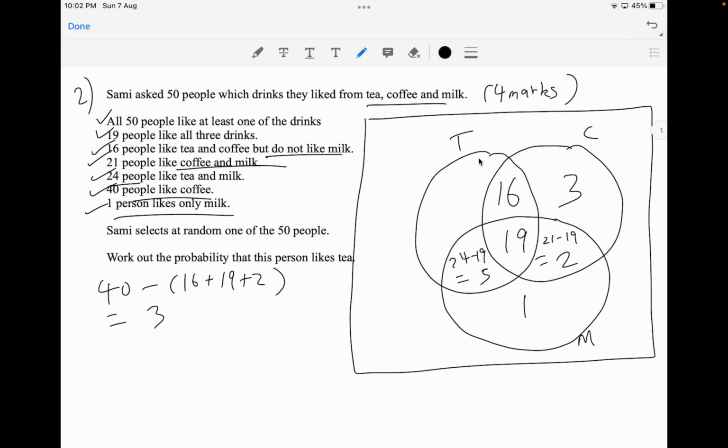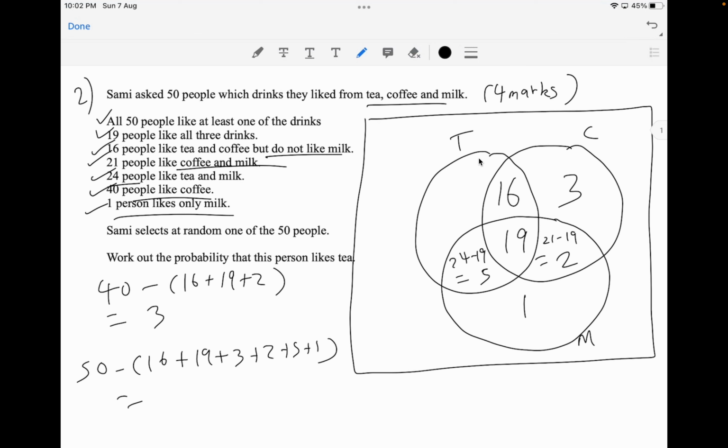Now you know that Sammy has asked 50 people which drinks they like from tea, coffee and milk, and you know that all 50 people like at least one of these drinks. Since you know that, we know that there's nothing in the universal set of this question. So what you have here is 50 deduct all of these values: 16 plus 19 plus 3 plus 2 plus 5 plus 1.